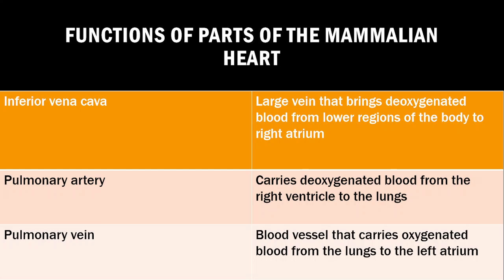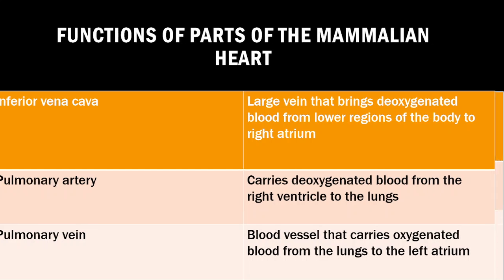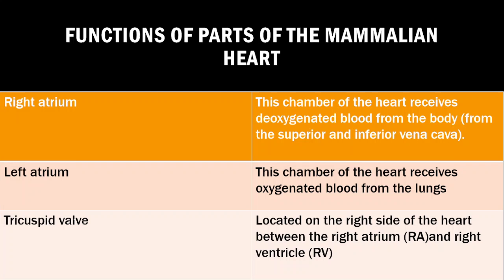You're talking about the oxygen from the lungs to the left atrium. Moving on. Then we have the right atrium. This is the chamber of the heart that receives the deoxygenated blood from the body, from the superior and the inferior vena cava. Then the right atrium, the chamber of the heart that receives oxygenated blood from the lungs.